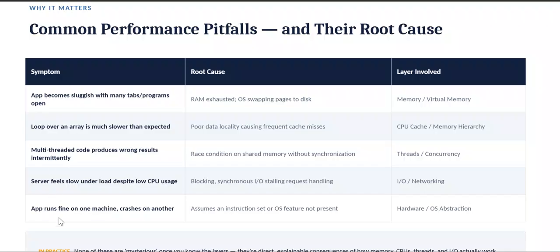Let us take the last pitfalls. The app on one machine crashes on another, most especially when you are using AI to write code. But first, the one before the last: the server feels slower under load despite low CPU usage. What causes this is blocking, synchronous input-output stalling request handling.